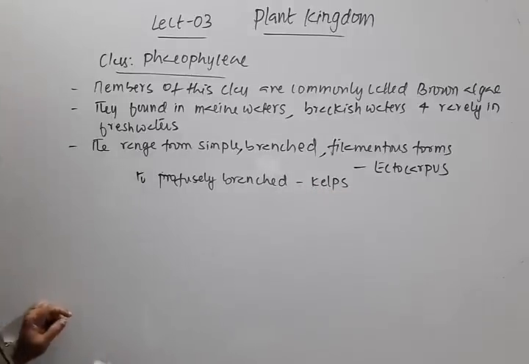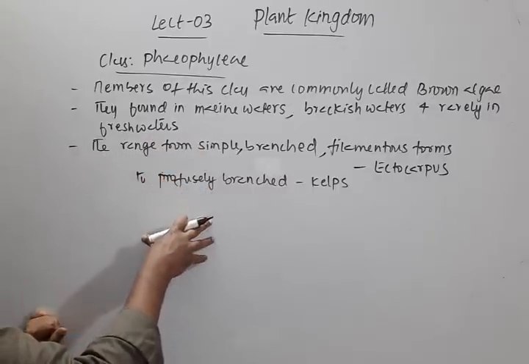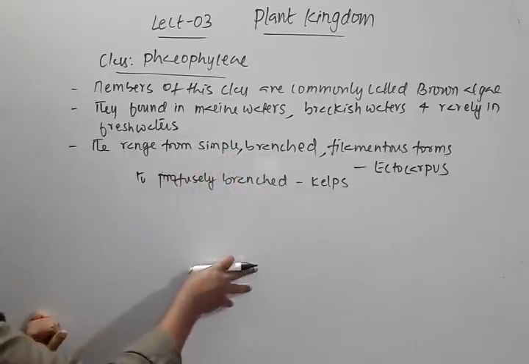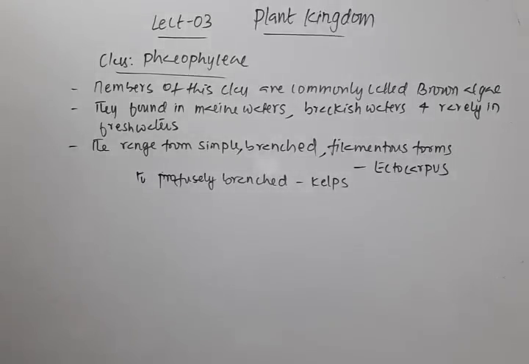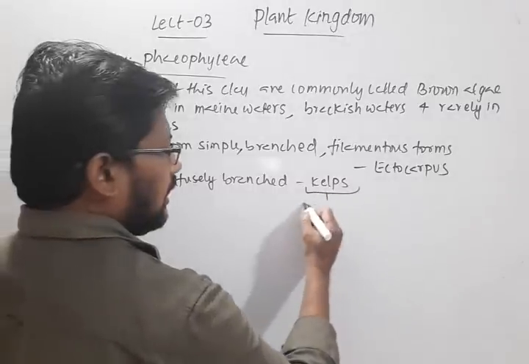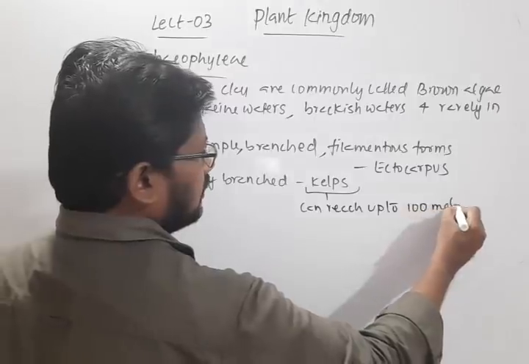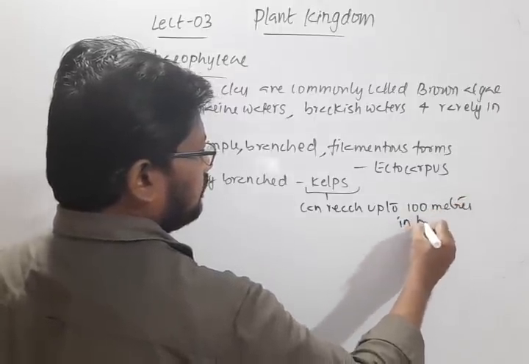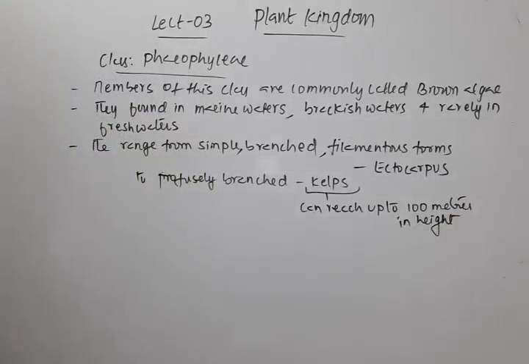So the members of Phaeophyceae range from simple branched filamentous forms like Ectocarpus to profusely branched, bigger forms called kelps, and these kelps can reach up to 100 meters in height. That long they can grow.